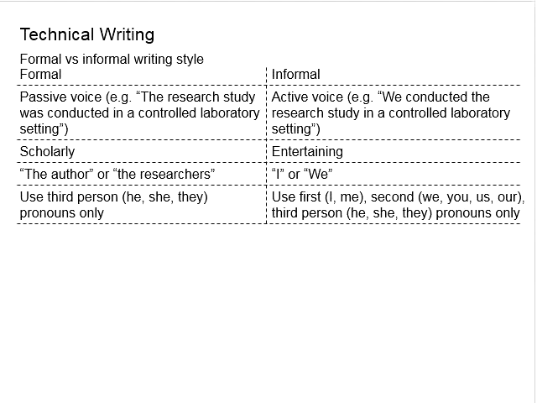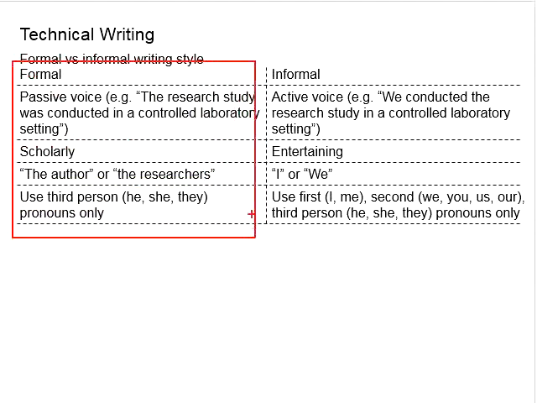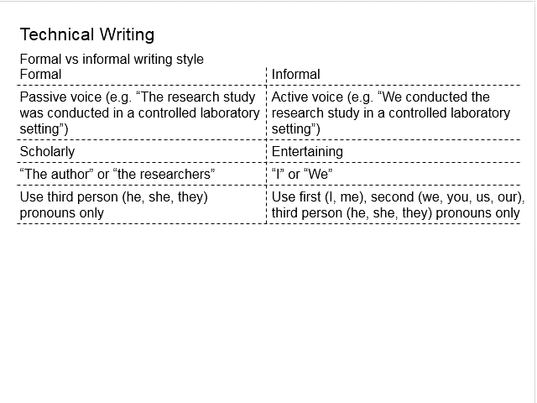In this video, we're going to talk about the writing styles of technical writing. You know that there are two types of writing style, formal and informal. Technical writing falls under the category of formal writing style, as formal writing style is suitable for scholarly purposes.